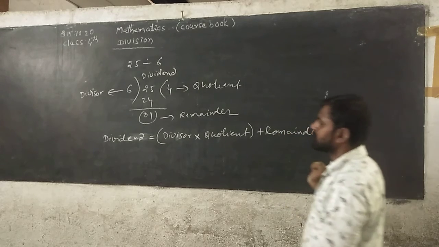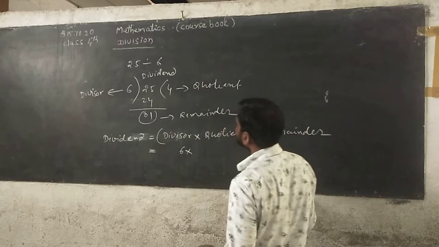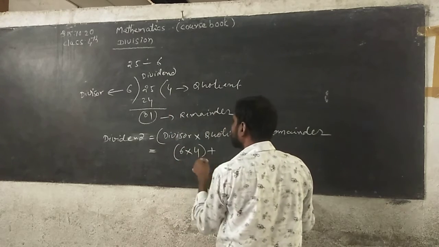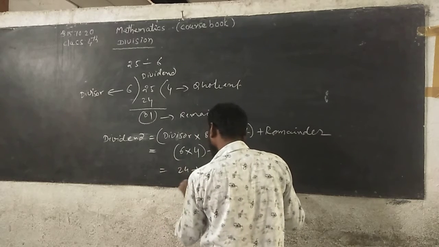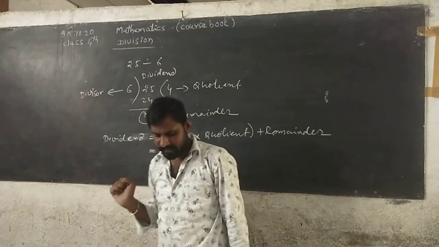Divisor here is 6, into quotient 4, bracket close, plus remainder 1. So that is equal to 6 4s are 24 plus 1, you get 25. So your problem is correct.